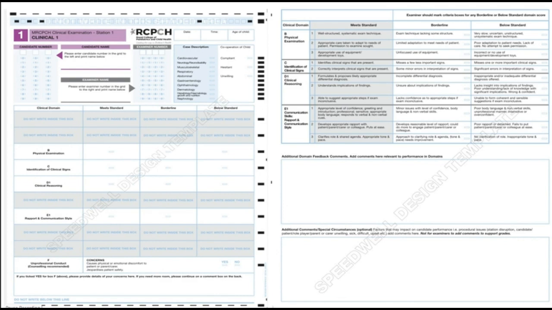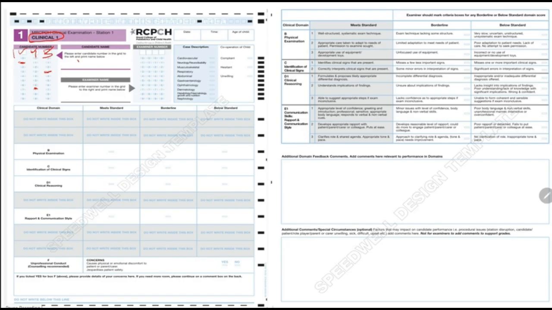So this is the mark sheet for the clinical station. For clinical station 1, you need to enter the candidate number here, and suppose the candidate number is 173, you need to write this number 173 here and do the shading of 173 with a pencil.